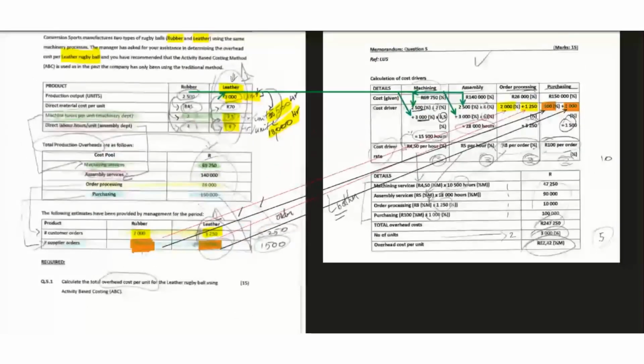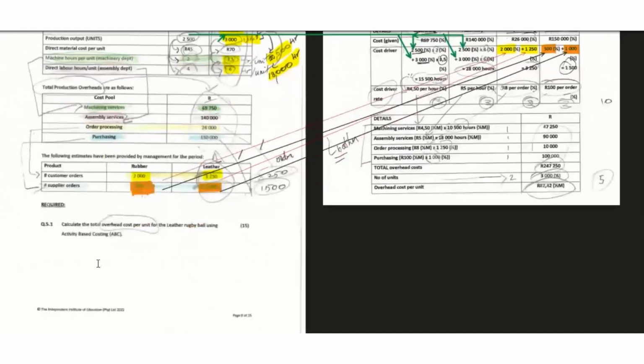This is the easiest way to find the cost drivers. It's clear there. So we can see that we have different cost drivers there, right? What was the question? Let's go back again to the question. Calculate the total overhead cost per unit for the leather rugby ball using activity-based costing, right?